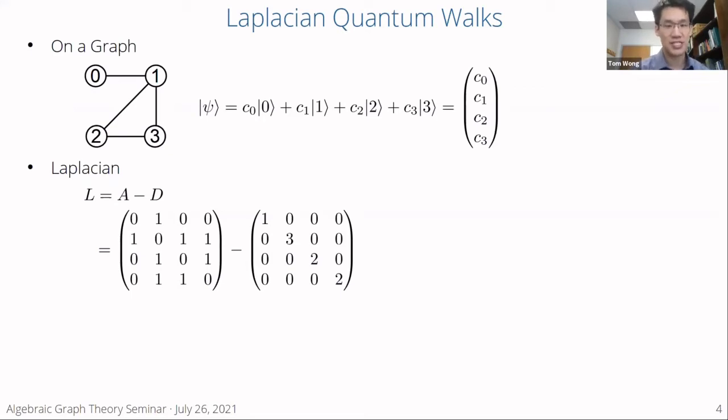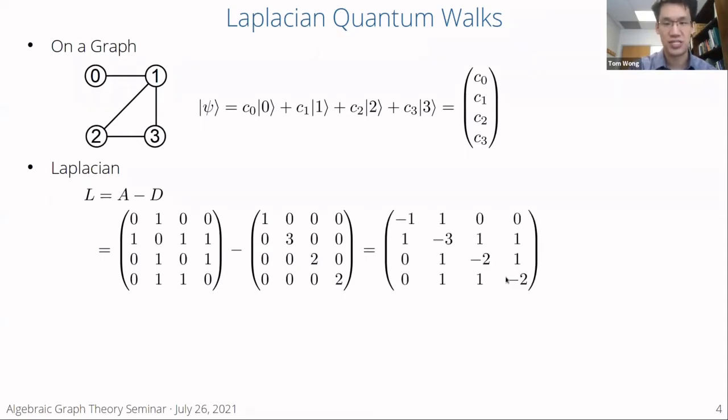And the degree matrix just has the degree of each vertex on the diagonal. So vertex 0 has 1 neighbor, so it has a 1 here. Vertex 1 has 3 neighbors, so it has a 3. Vertex 2 has 2 neighbors, and vertex 3 has 2 neighbors. So the Laplacian is just the difference of these 2 matrices, which is this. So this is the Laplacian now, which goes into that kinetic energy operator in the Hamiltonian.